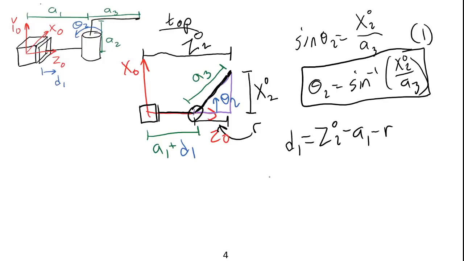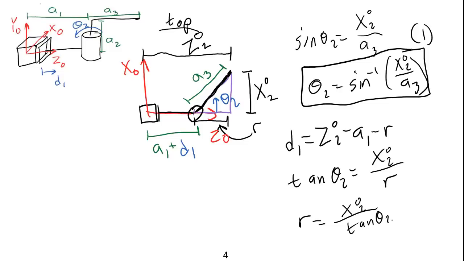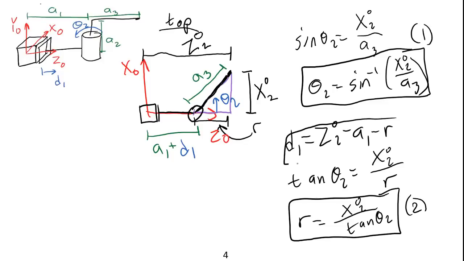For example, I could say that the tangent of theta 2 is x02 over R. And then I could solve for R. I could call this equation equation 2, and then I could call this equation 3.